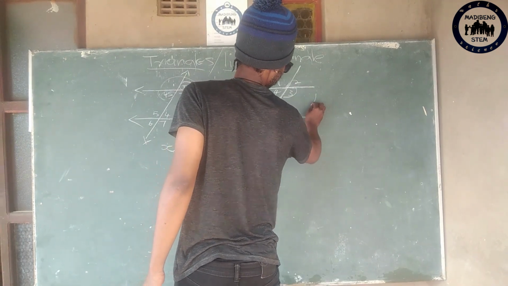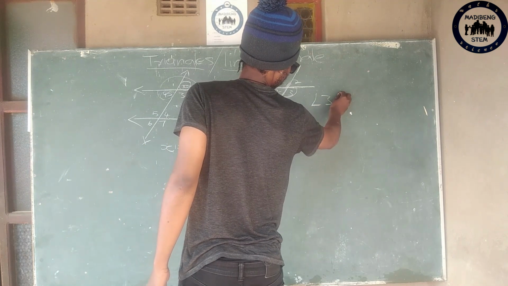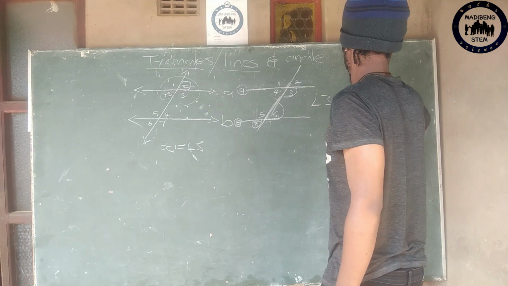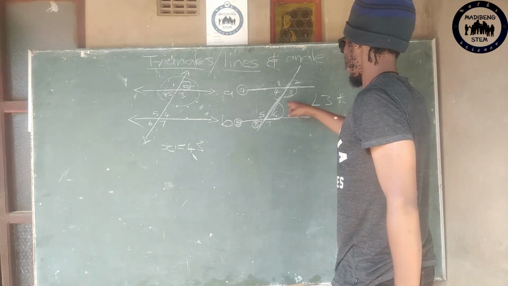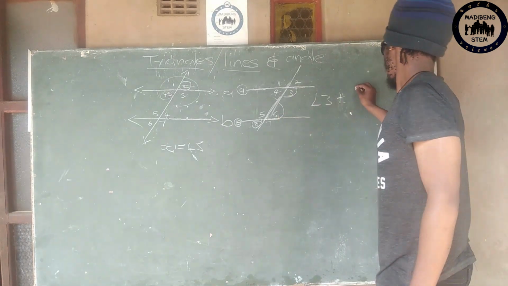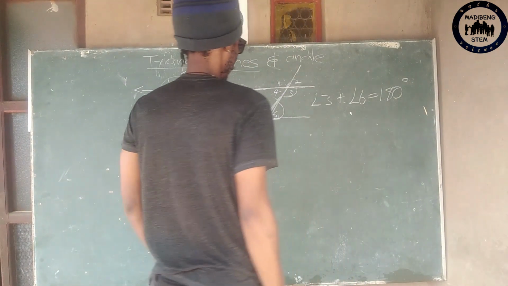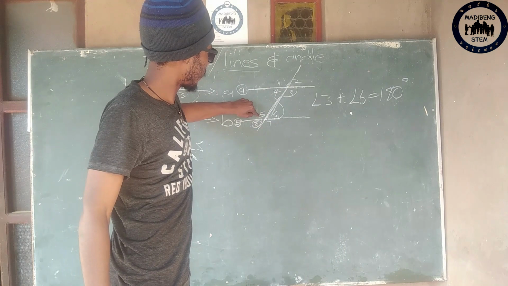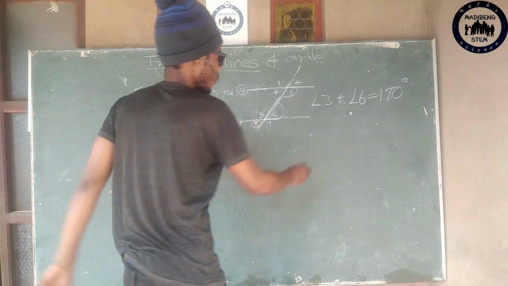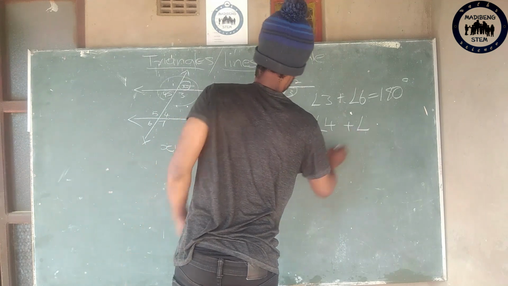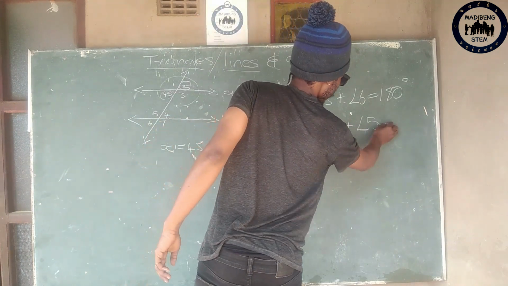Angle 3 plus angle 6 is equal to 180. It means 4 plus 5 is also equal to 180. Angle 4 plus angle 5 is also equal to 180.